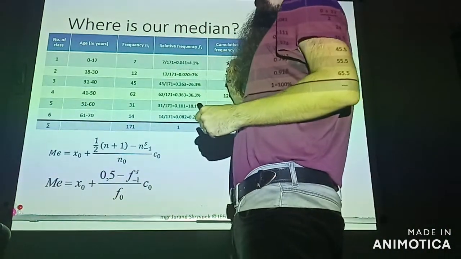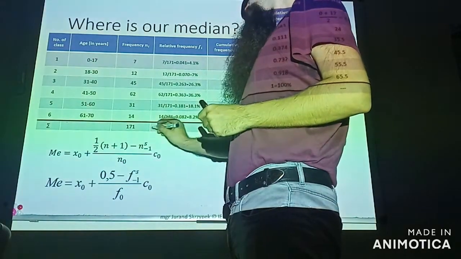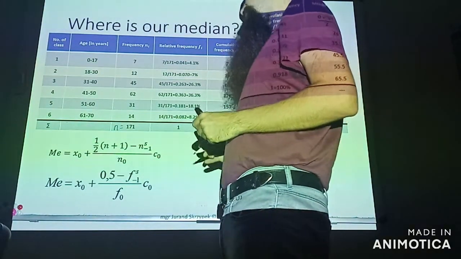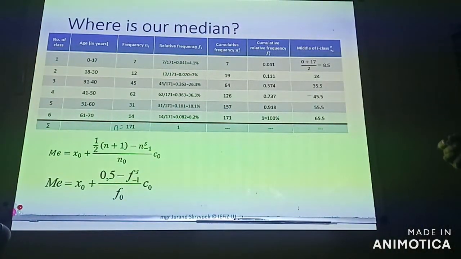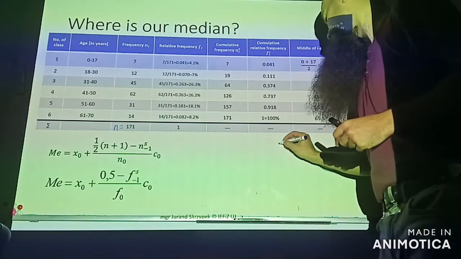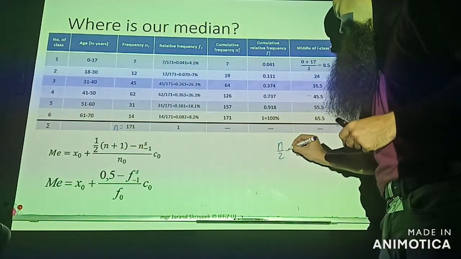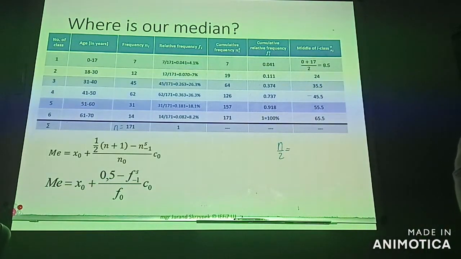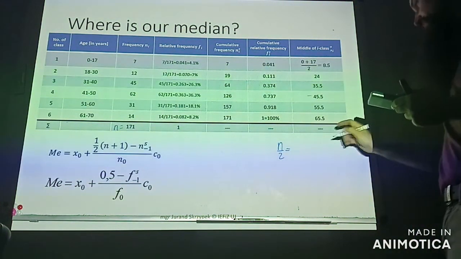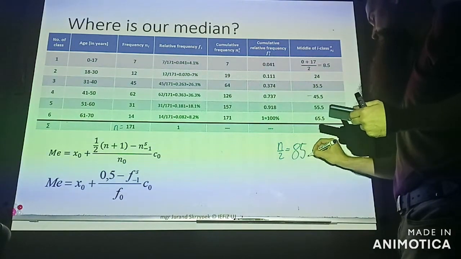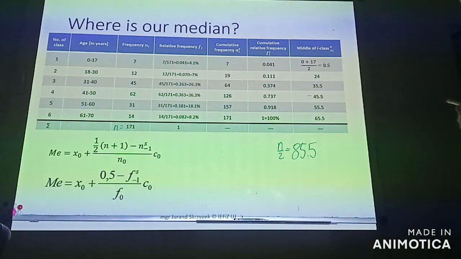Let's start with the frequencies. We know that the population size is 171. So the half of the population size is 171 divided by 2. It's 85.5.